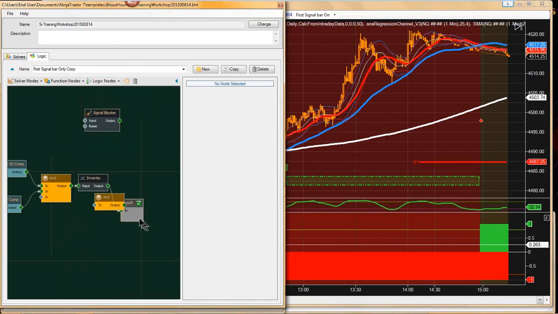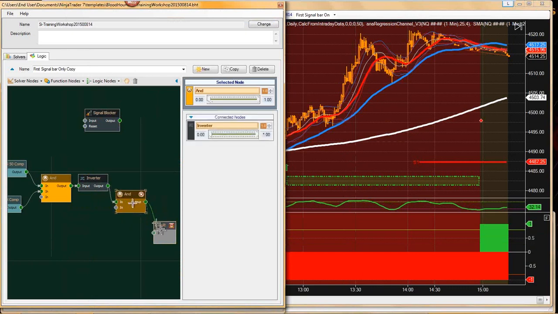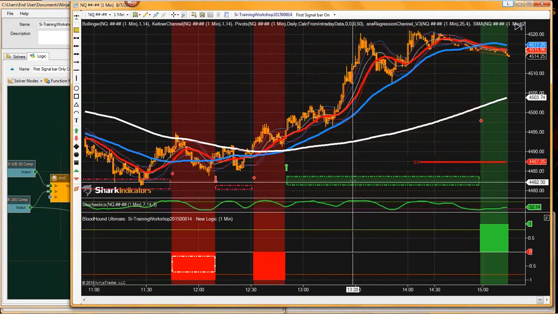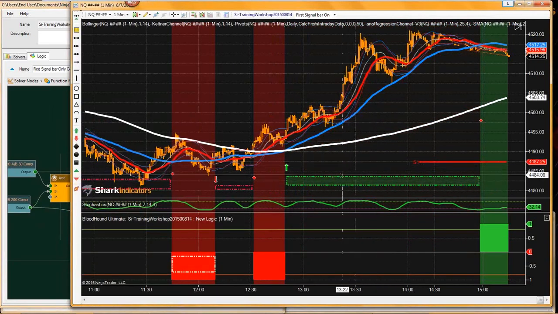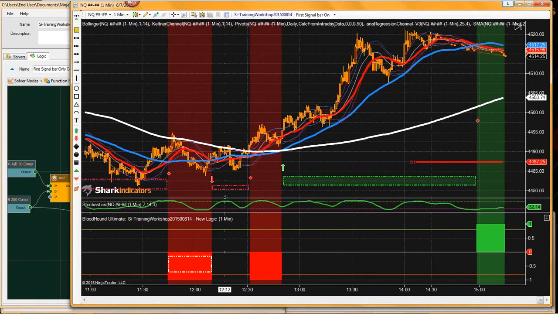Let's grab an AND node, connect that in there, and connect this and see what we get. Hey, there we go. Now we're marking all the areas where there was no signal.